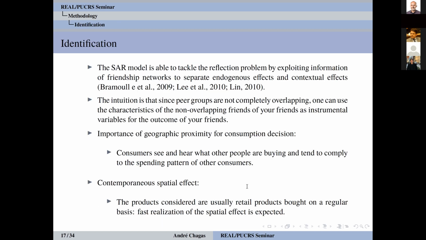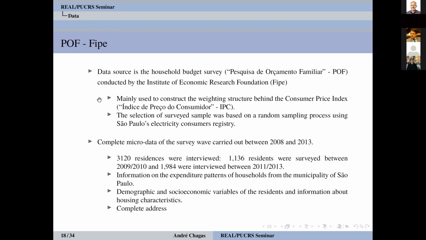Okay, we use an identified database provided by the Institute of Economic Research Foundation, FIPE in Portuguese. This institute is linked to the Department of Economics of my university. Then we have access to the microdata about households, each household's consumption.